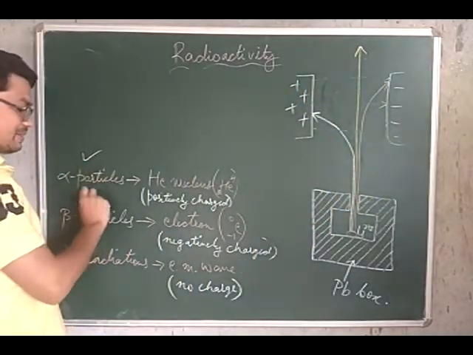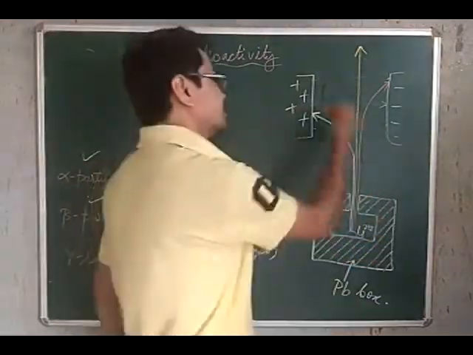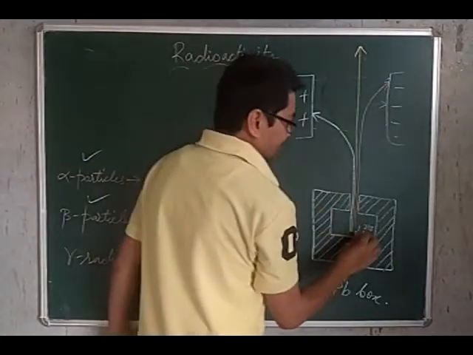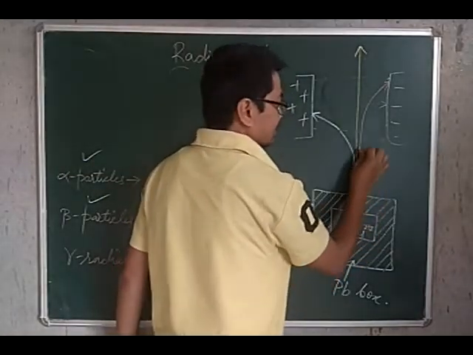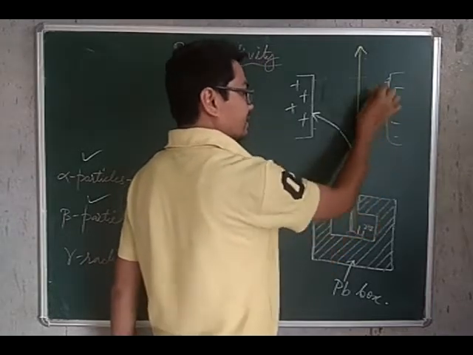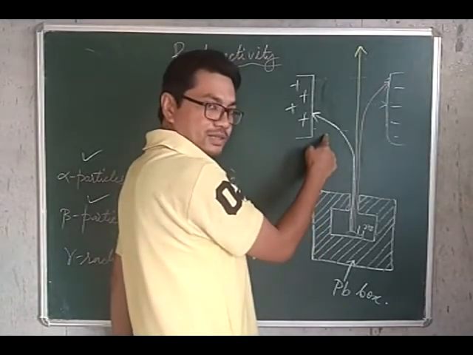Since alpha and beta particles are charged particles, they get deflected by the electric field set up. And this pink line over here, you can see it gets deflected, but it gets deflected later than this particle.